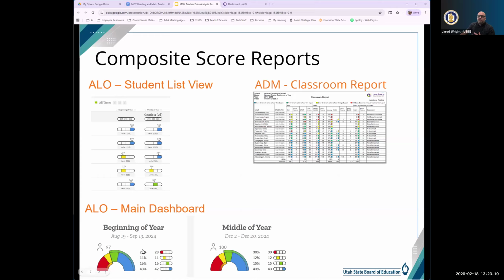Are there any questions about getting to those reports, whether it's the student list view or the main dashboard, to be able to look at student composite scores for beginning and for middle of the year?